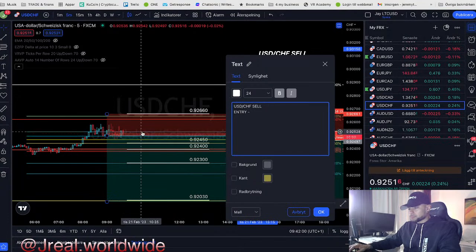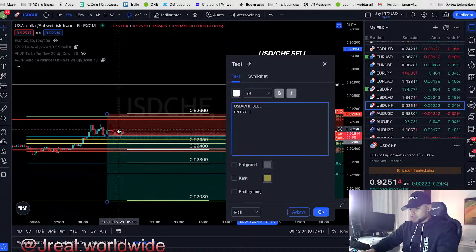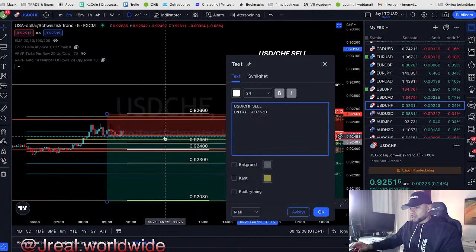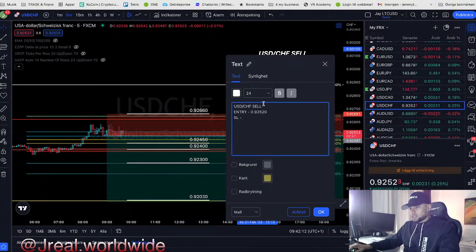Entry at around 0.92530. Yeah, 0.92520. Let's put it like that. SL 0.92660. TP1 0.92450.